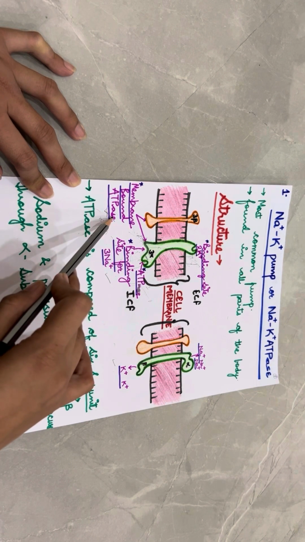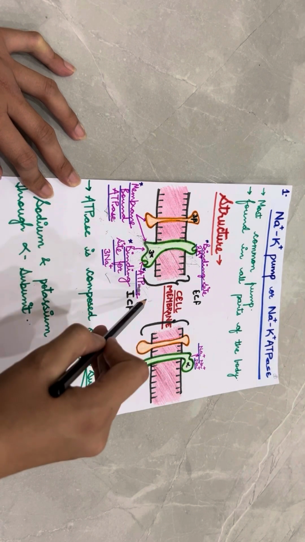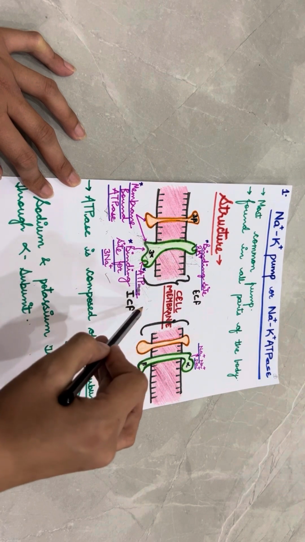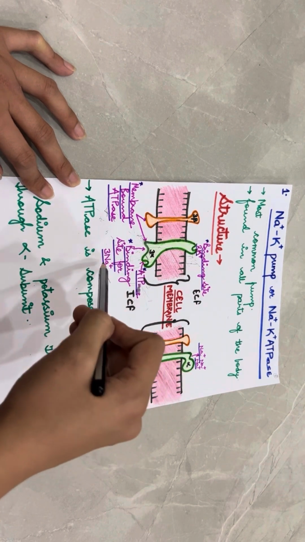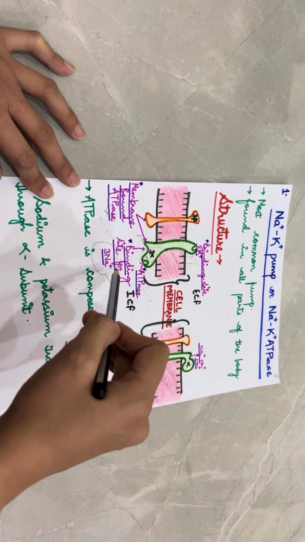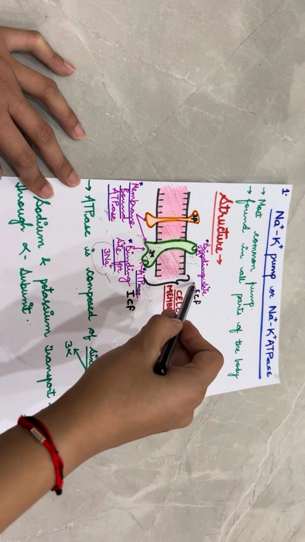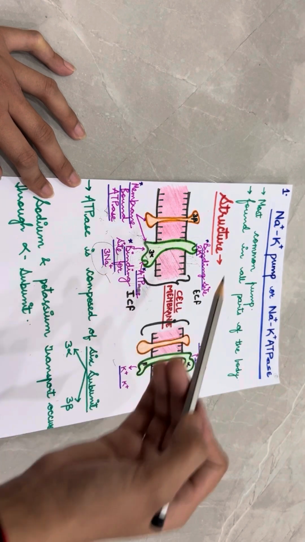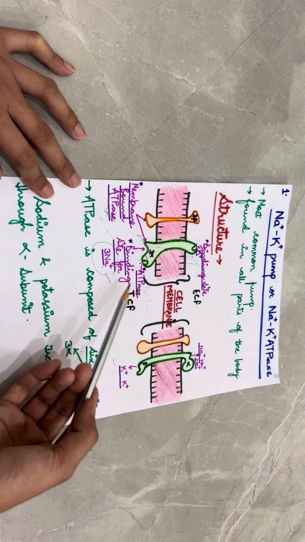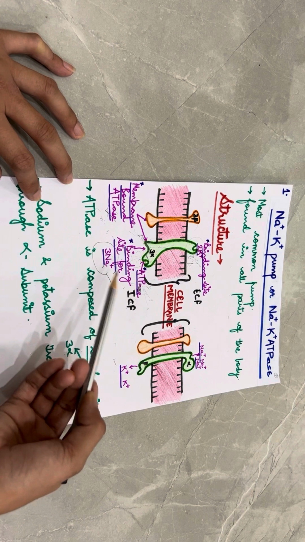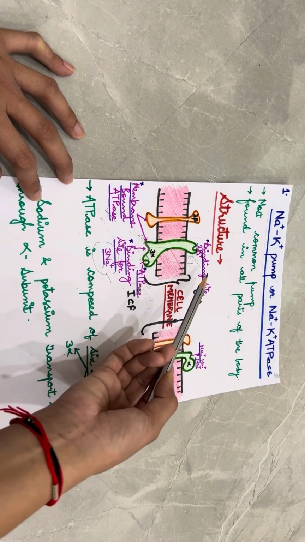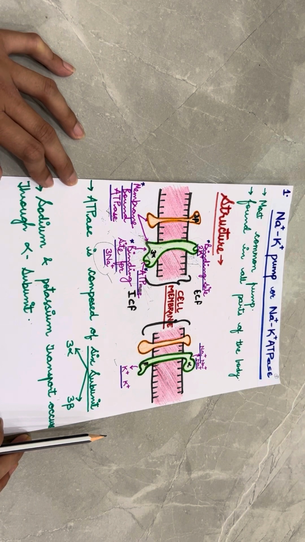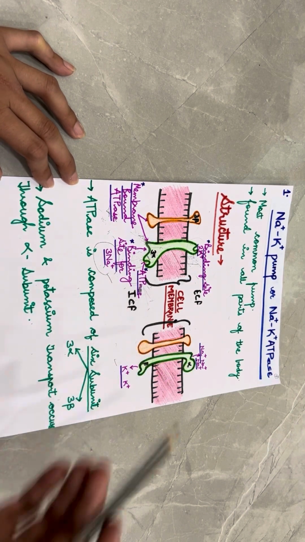This ATPase cleaves the ATP into ADP, which releases energy, and this energy is utilized to force the sodium ions to move out of the cell and bring 2 potassium ions into the cell. So every time one energy molecule is used to force 3 sodium out of the cell and 2 potassium into the cell. So it is known as an electrogenic pump or coupling ratio.